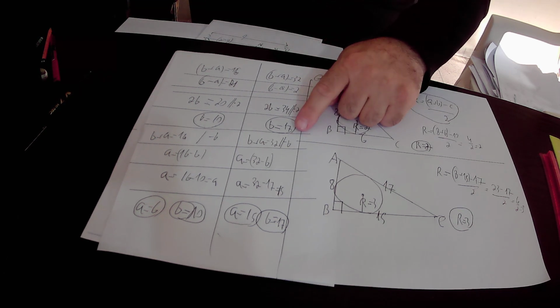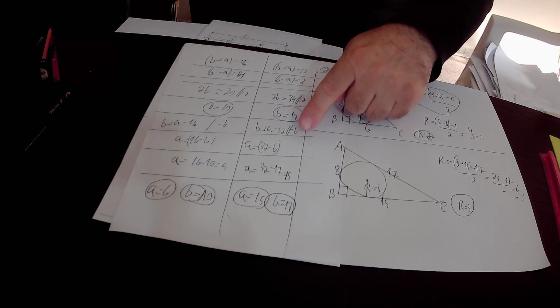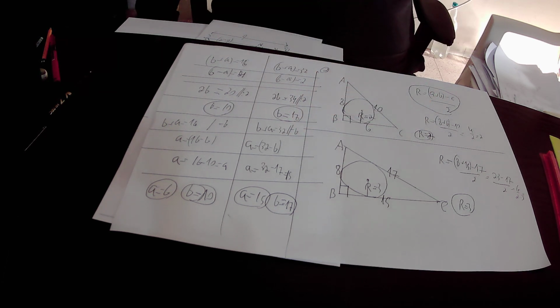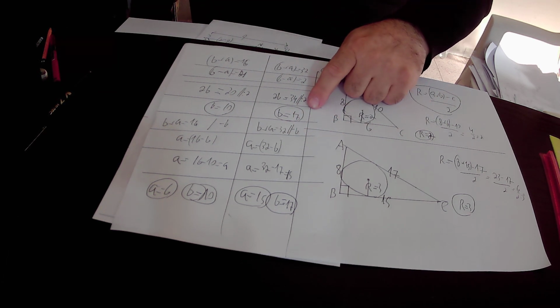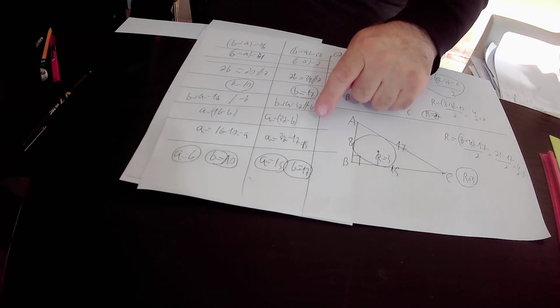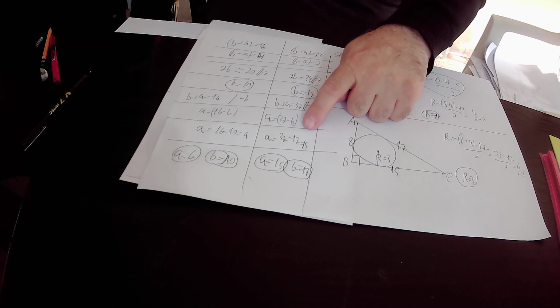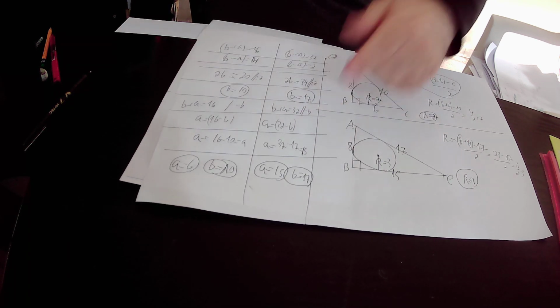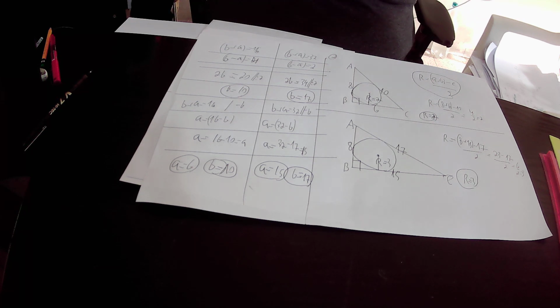We subtracted b from this equation and found out that a equals 32 minus b. We have already found out that b equals 17, so we can substitute b by 17, and a equals 32 minus 17, that is 15. So a equals 15 and b equals 17 according to the second option.